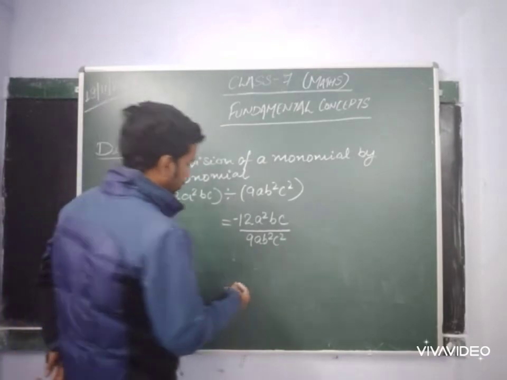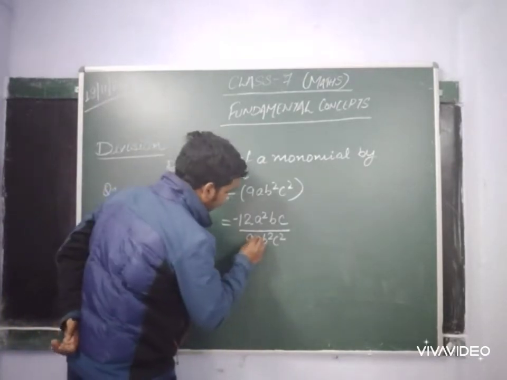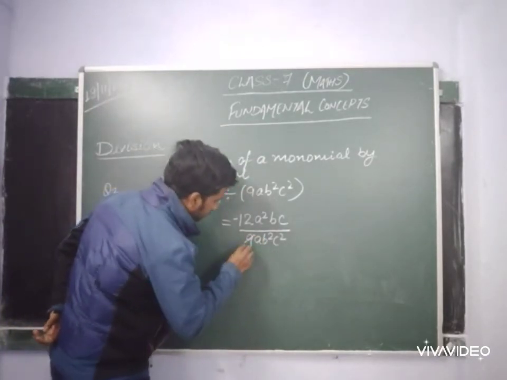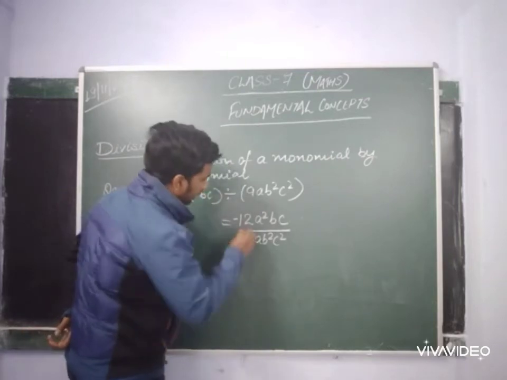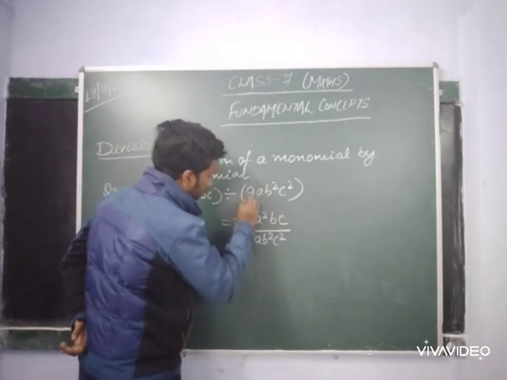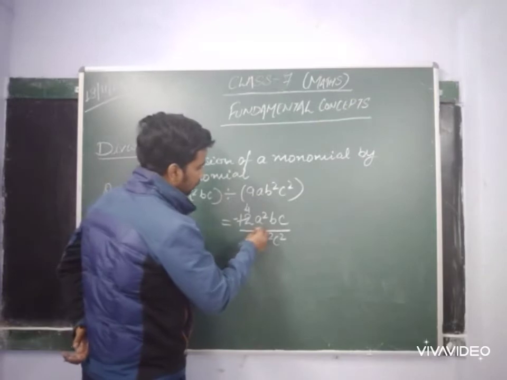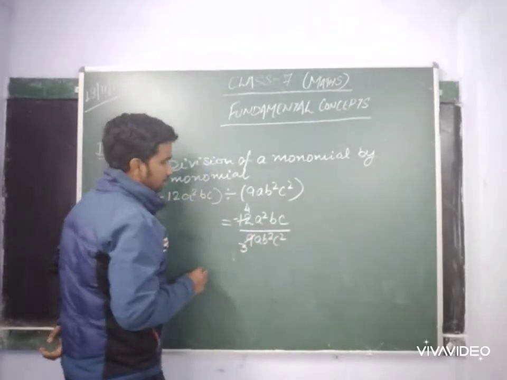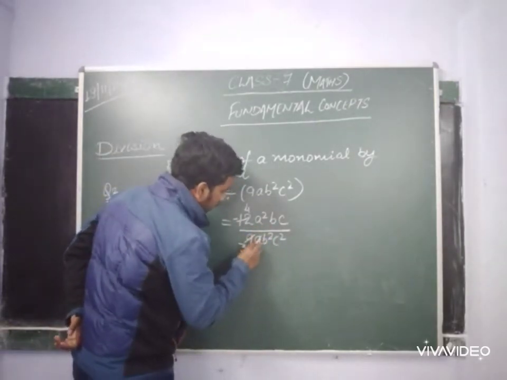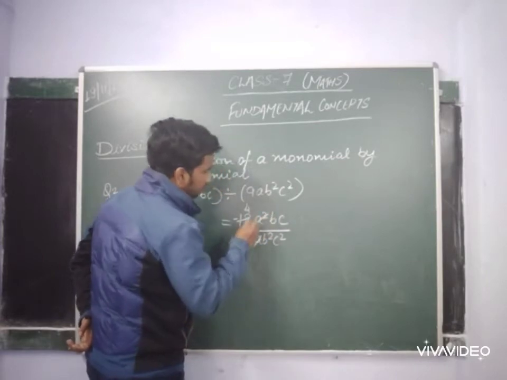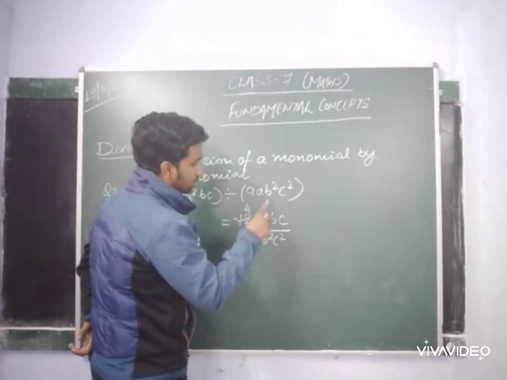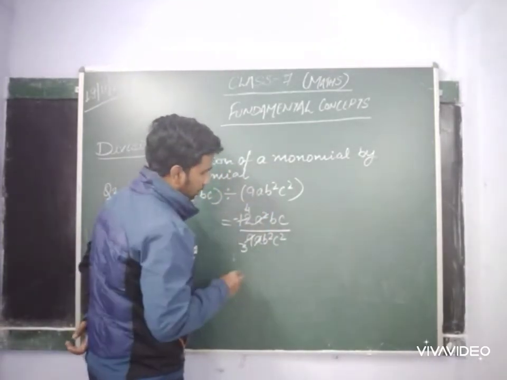Okay, so again we will do one by one. This is 3 3s are 9 and 3 4s are 12. Okay, and now we will divide these terms. So a will be divided with a, and you know that a square is there, so 1a will be left from here.